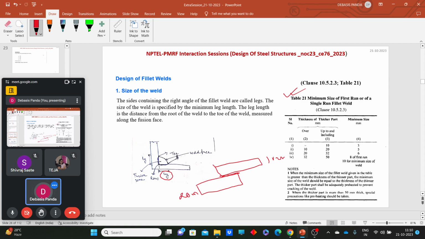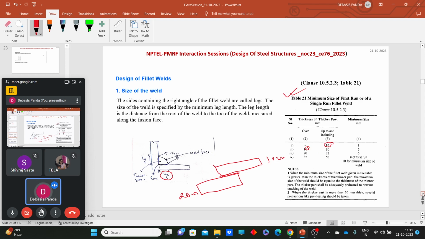First thing we need to look for is what should be the minimum size. The minimum size of the first run should depend on the maximum thickness of the plate. Like up to 10 mm it's 3, over 10 mm it's 5, and all these things; over 20 mm it's 6, and all these things. And this was the minimum size. And the maximum size, how can we specify it?